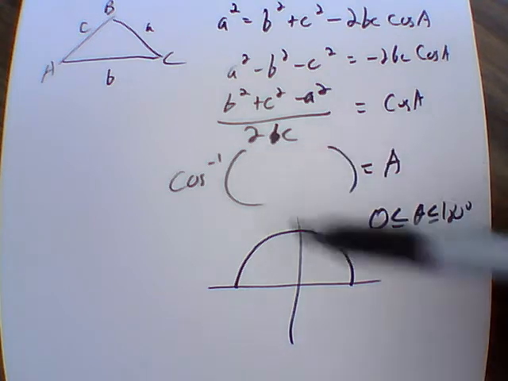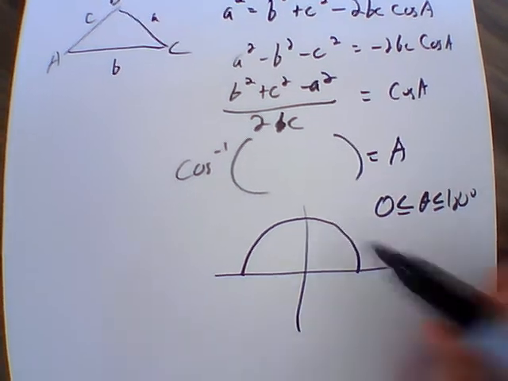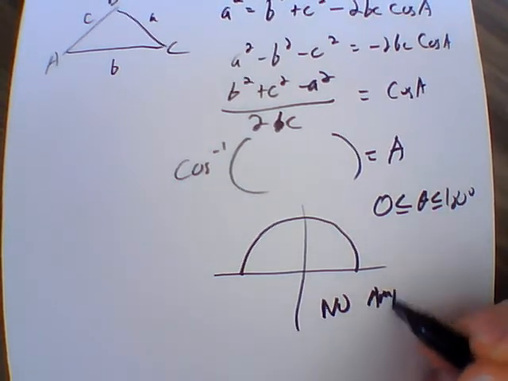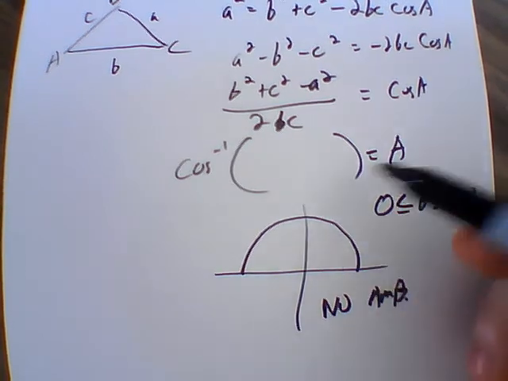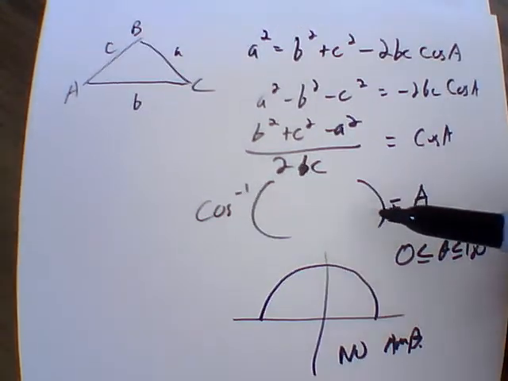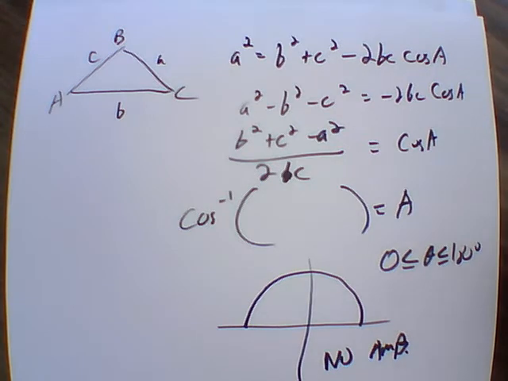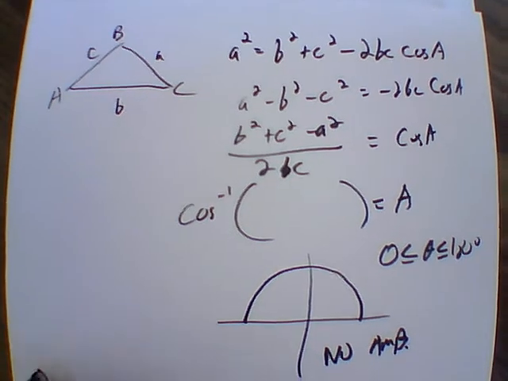So this one has no ambiguous case. And that's one of the nice things about law of cosines, it really gives a little more definition to this.